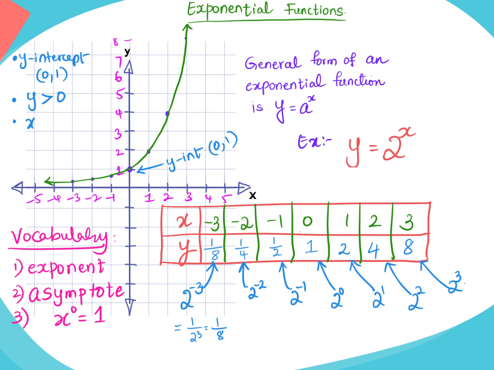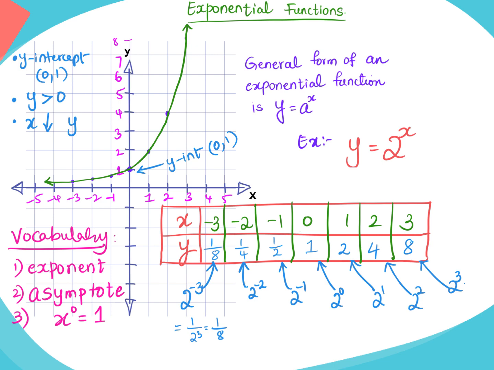So we notice that as x is decreasing, y starts to get closer to the x-axis, but it can never pass beyond that. It stays as if it's going to touch, but it's never going to touch. So y gets closer but never reaches 0.